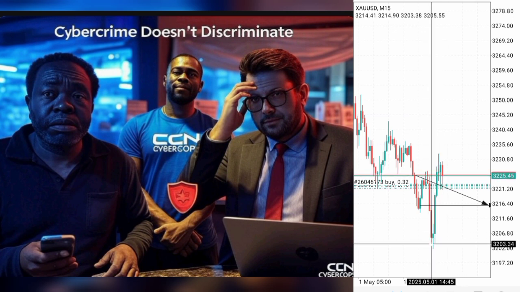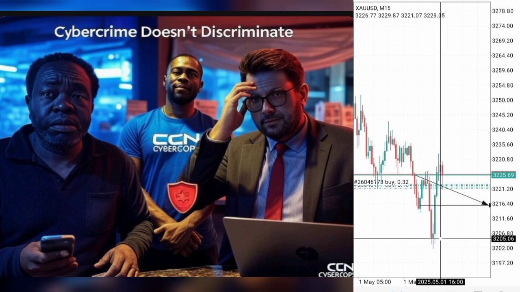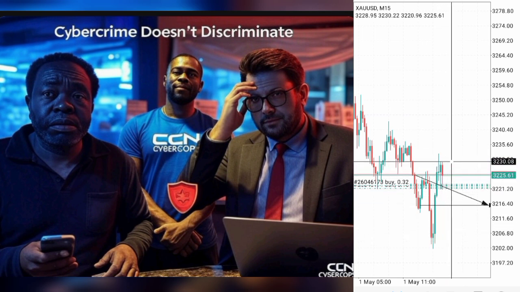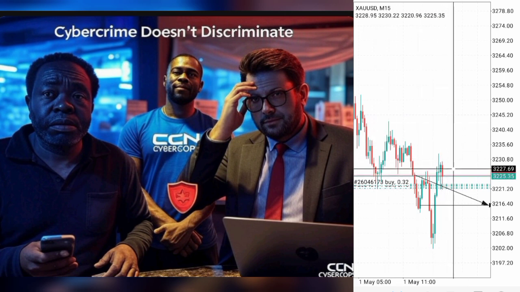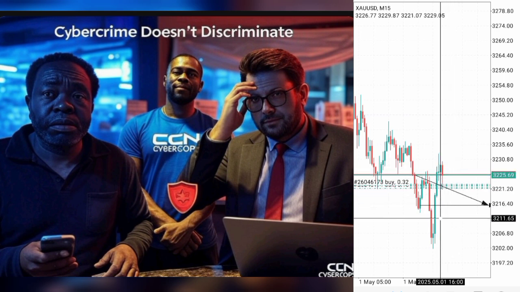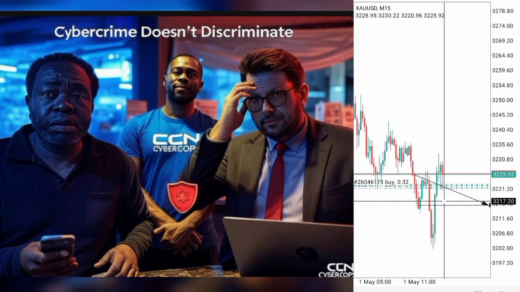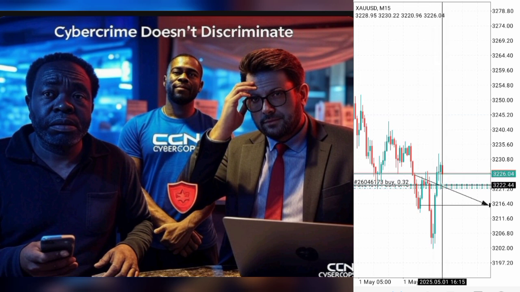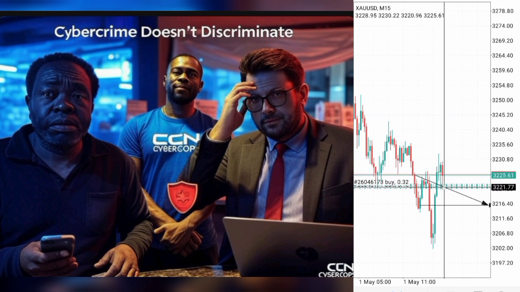So these are the rejections that happen around the circle limit, and it gave us this first correction impulse to show that the first move down from 3235 is complete. So now we know that we want to see the end of this correction impulse. If this correction impulse is not yet ended, then we have an opportunity to make more profit on this current structure we are holding this trade for, on this current correction structure.